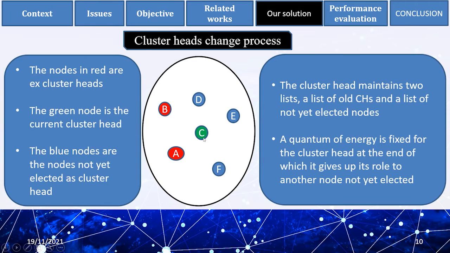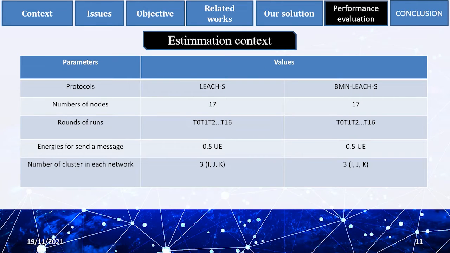As estimation context, we consider two identical 17-node networks, one running with the LEACH-S protocol and the other with the BONI LEACH-S. We observe the process of these two networks at different communication rounds, from T0 to T16.